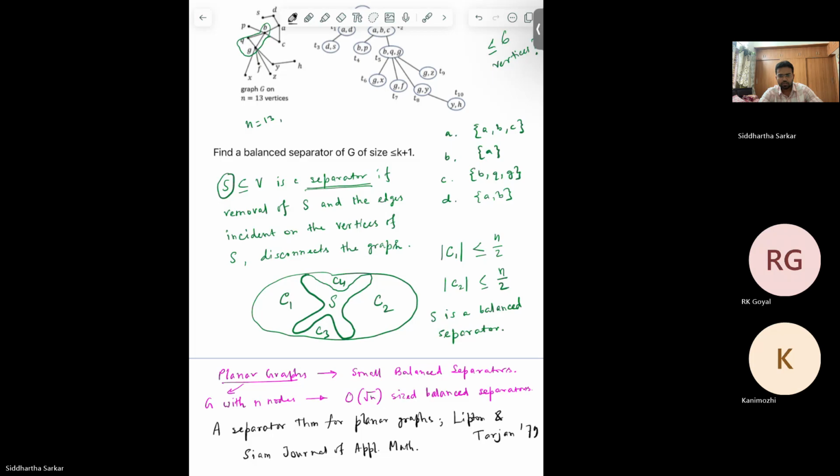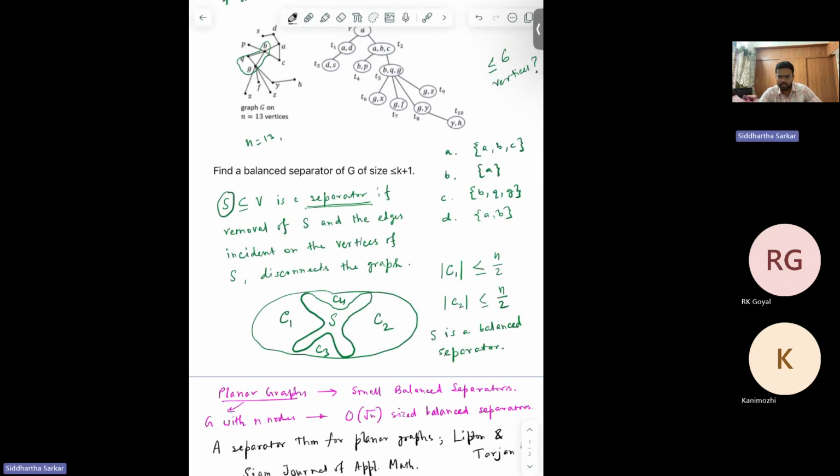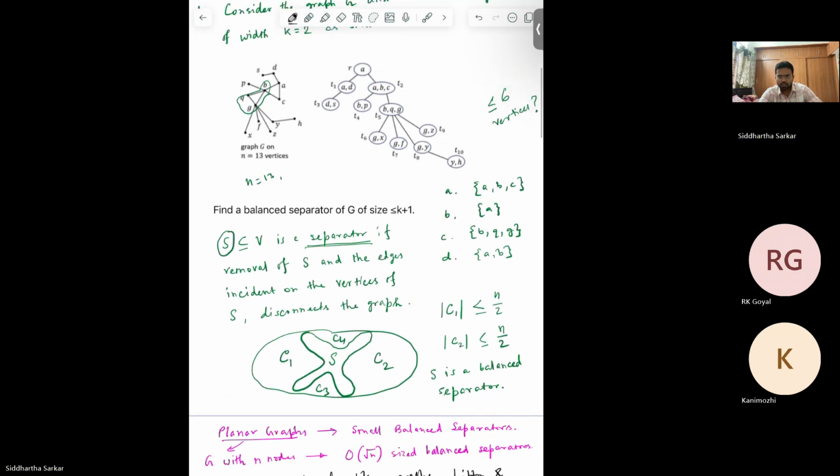Okay. And you are asking what is the time complexity for finding such a tree decomposition, in case it is polynomial.